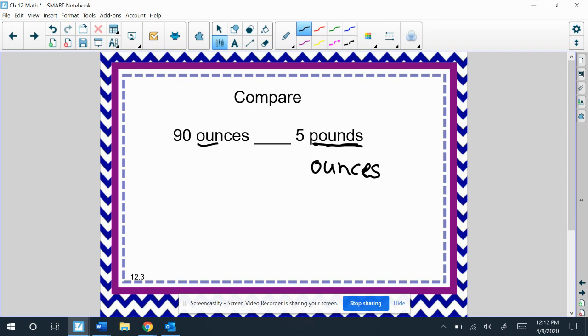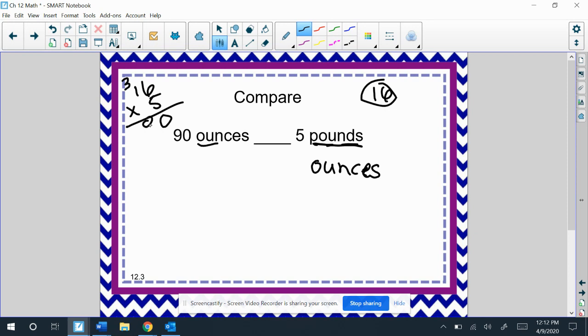If I have ounces and pounds, I'm going to put the number 16 in my corner. That tells me I need to multiply. Well, if I have 16 ounces and this one is ounces, I don't need to multiply those two. Instead, I'm going to multiply the pounds by our 16 ounces to convert it. 16 times 5. 6 times 5 is 30. 5 times 1 is 5.